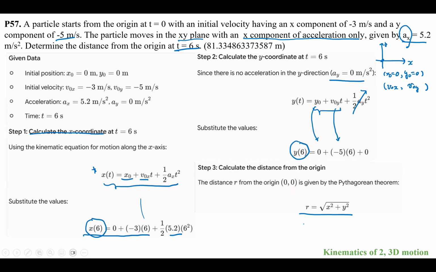So once again, this problem will check whether you know how to apply kinematics for the x direction and y direction, and then find the magnitude of the distance from the coordinates. Okay, that's it. I hope you understand, and then you will be well prepared for the exam. Thank you.